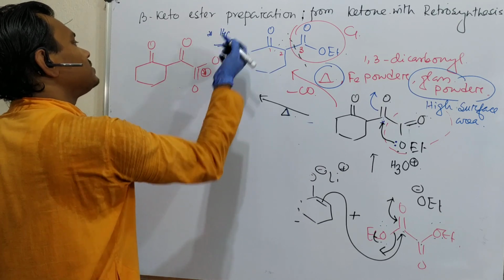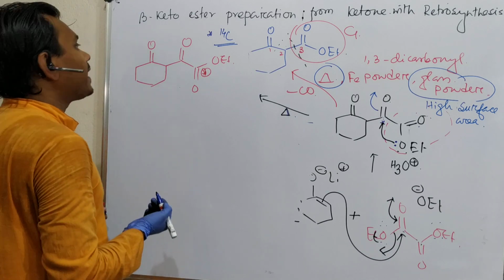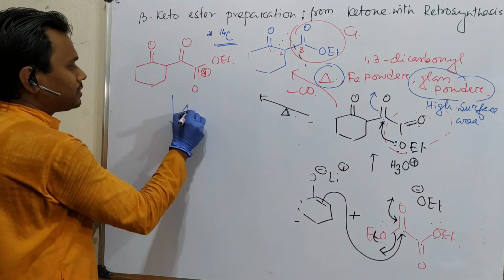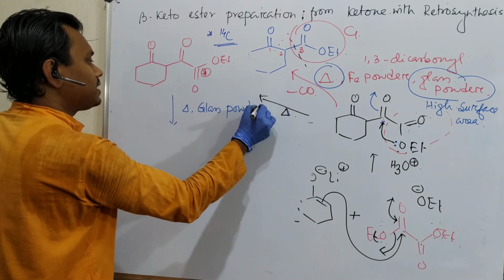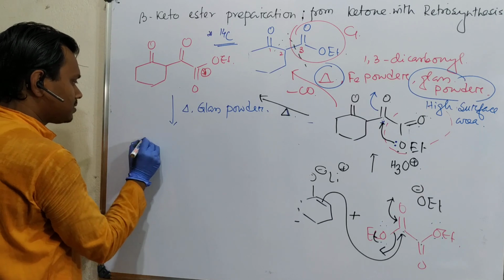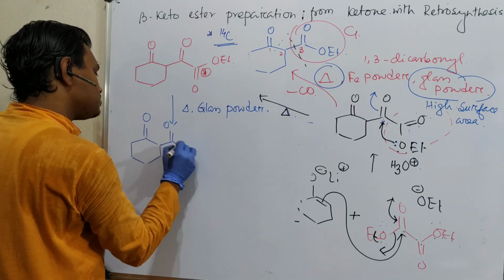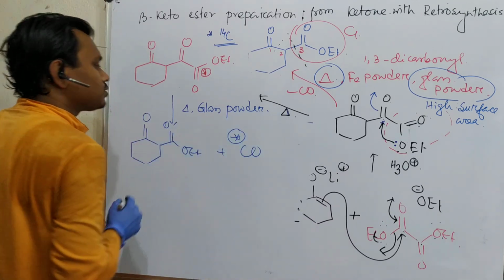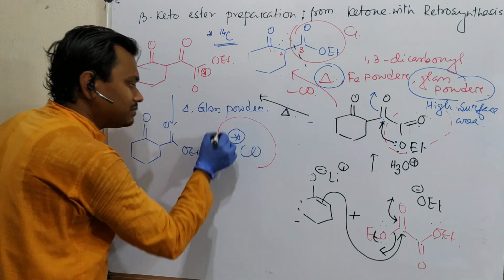Radiocarbon you can detect very easily using a GM counter, Geiger-Müller counter. So if you do the same heating in glass powder, what does it result in? This is the OEt, but plus carbon monoxide with a label. So this is the proof of this concept, that this is eliminated.